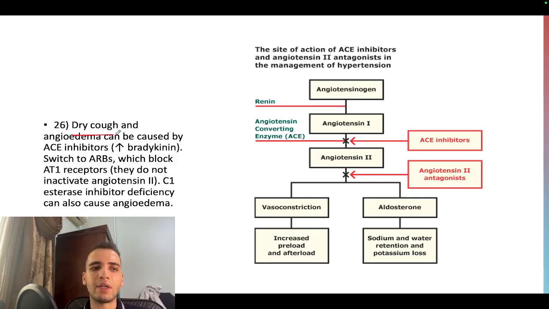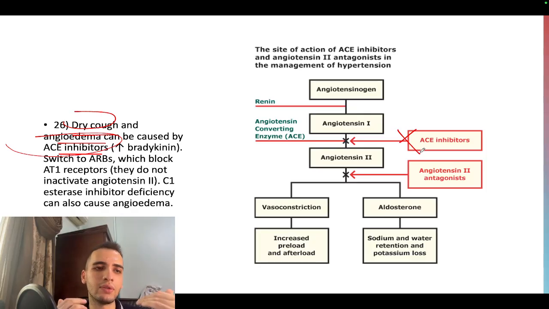When you see dry cough and angioedema caused by ACE inhibitor, you need to switch to angiotensin receptor blockers as fast as possible. And the reason ACE inhibitors will cause dry cough and angioedema is that it inhibits the angiotensin converting enzyme, which usually is used to get rid of bradykinin. So when you inhibit it, you cannot get rid of bradykinin.